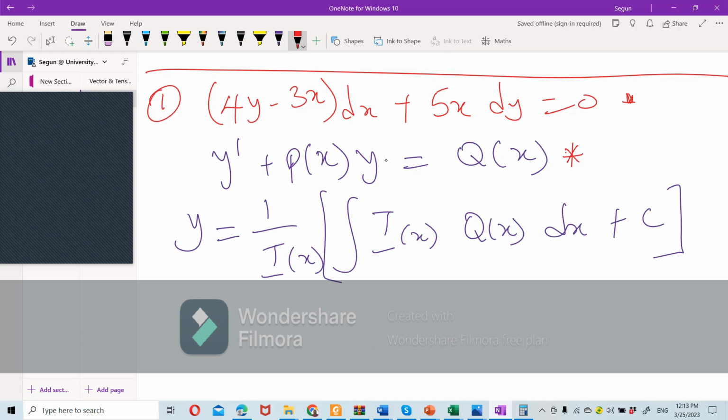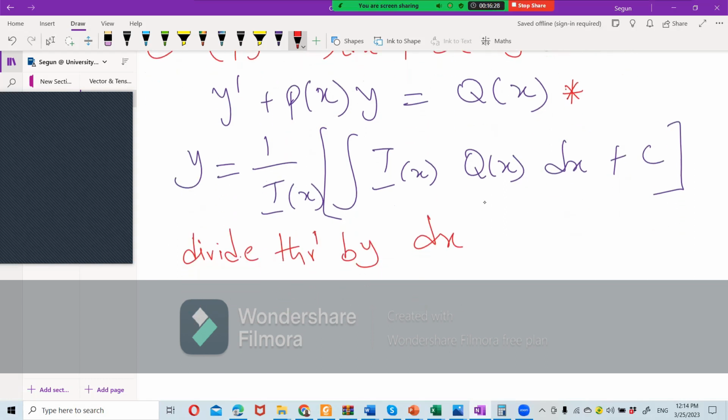But I have dx here. So what you need to do in this case is divide through by the x.